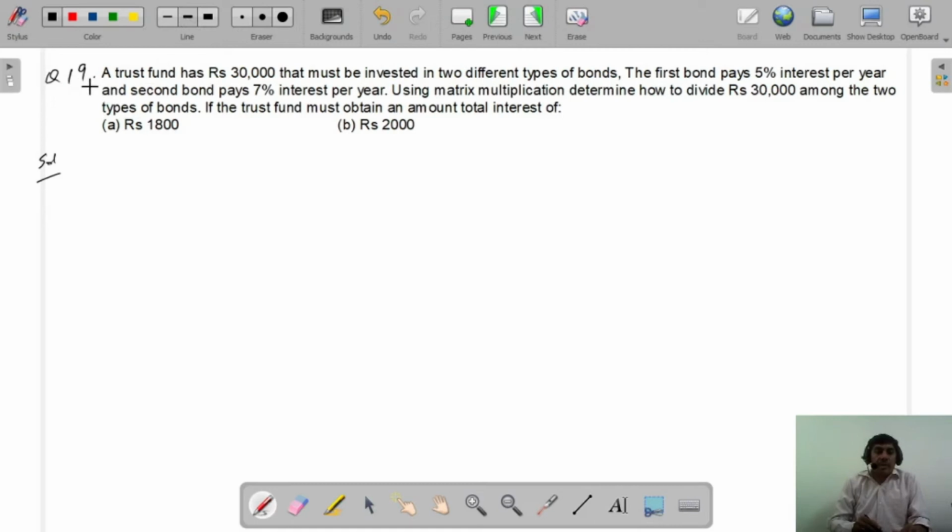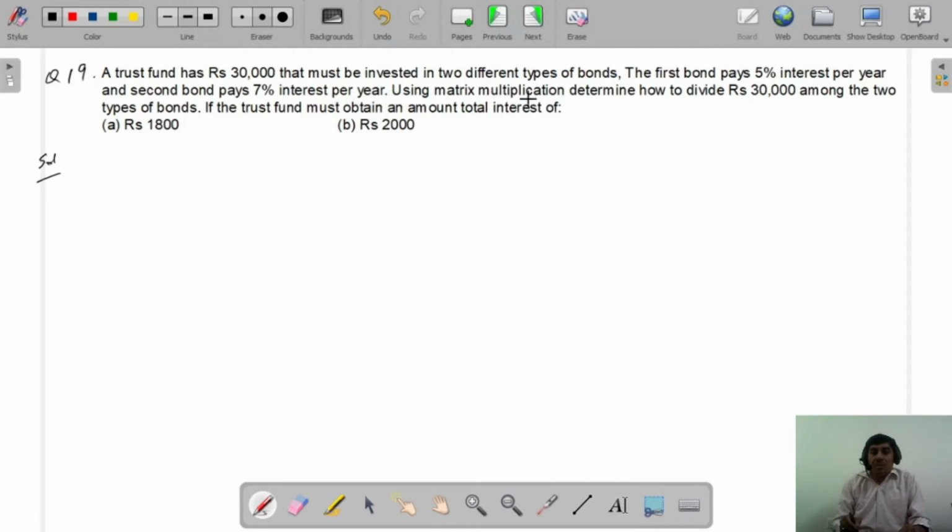Question number 19. A trust fund has rupees 30,000 that must be invested in two different types of bonds. The first bond pays 5% interest per year and the second bond pays 7% interest per year.